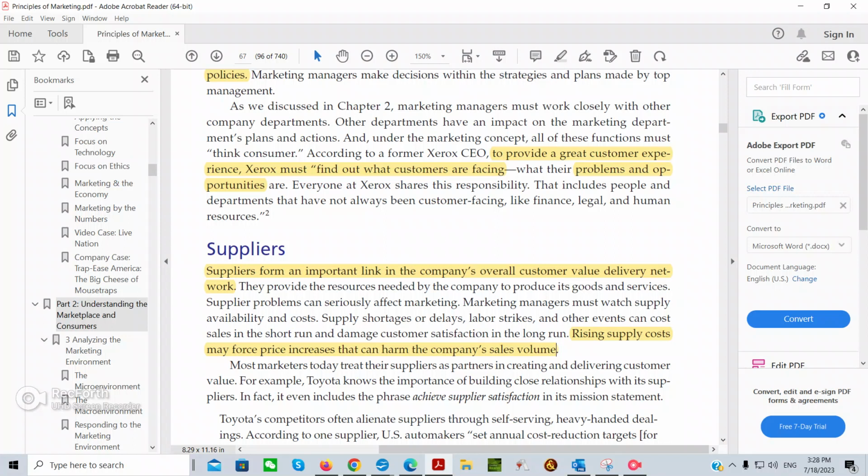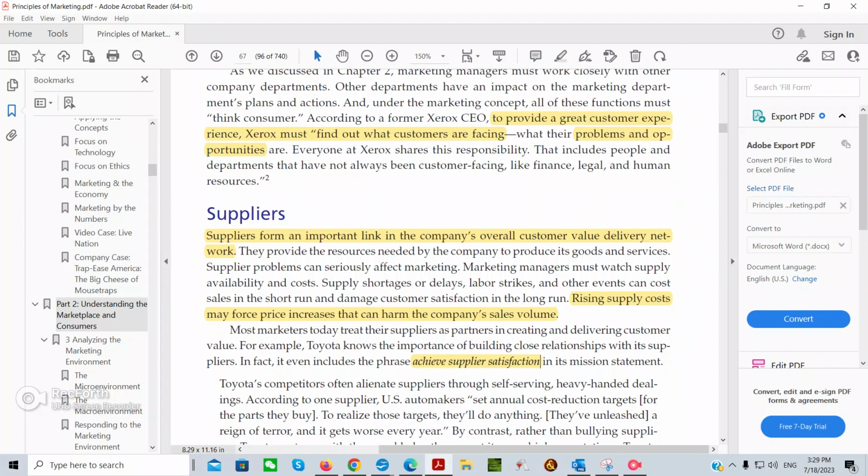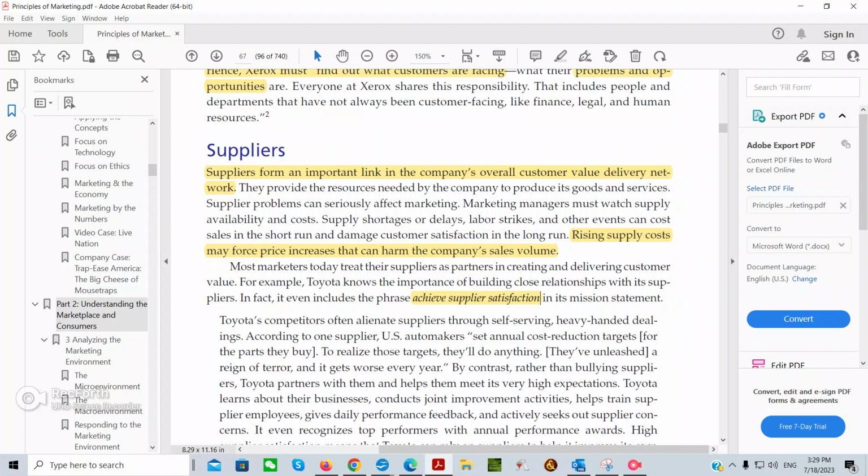In fact, it even includes the phrase achieve supplier satisfaction in the mission statement. What are the keywords? Achieve supplier satisfaction. Now, that's an important point that the book makes because ultimately everything has to be customer focused. So I do like the fact that they did put this in the book.